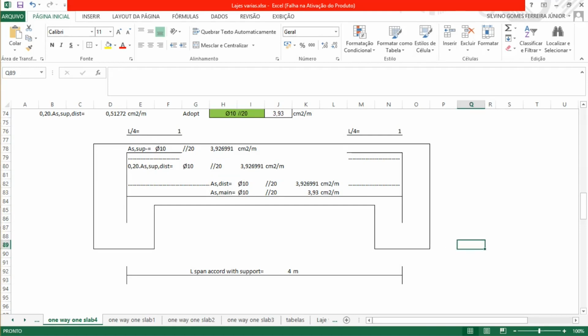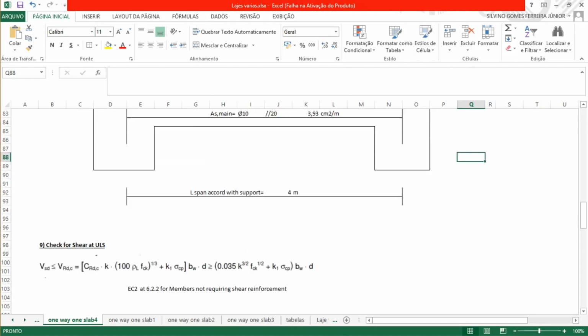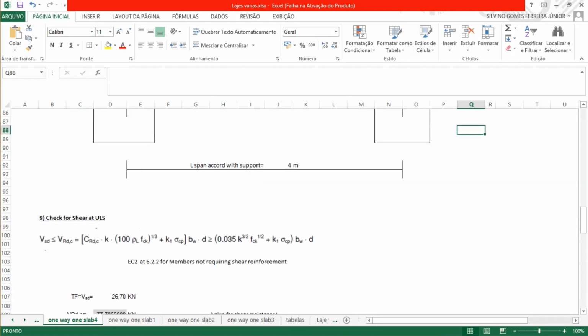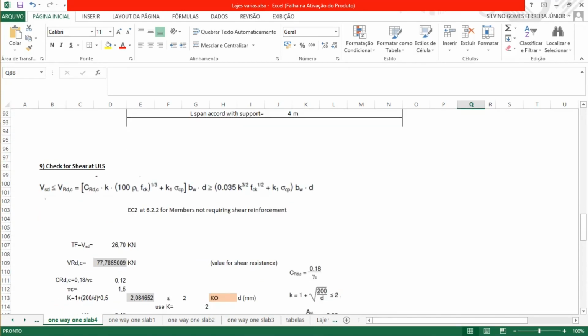So we have checked the bending moment for the flexure in the ultimate limit state. Now we're gonna check the shear to see if we need to use stirrups or not. We're not gonna have a need for that. So check for the shear at the ultimate limit state.